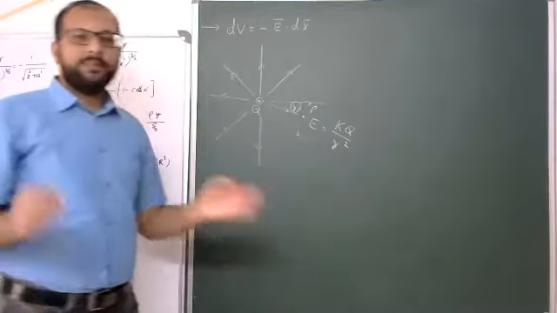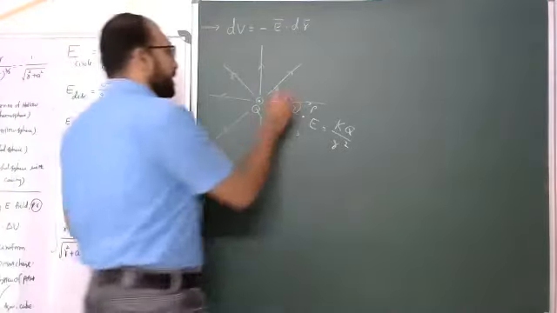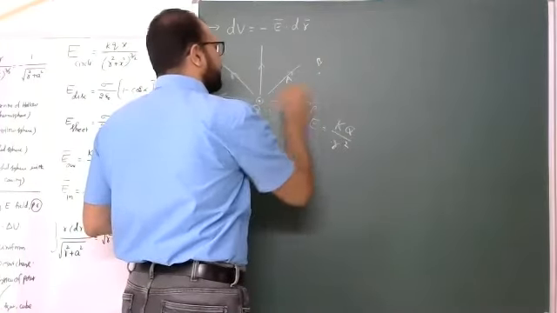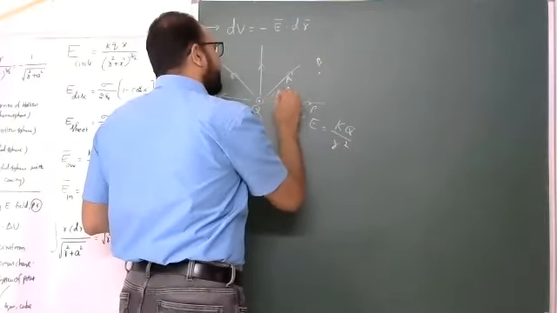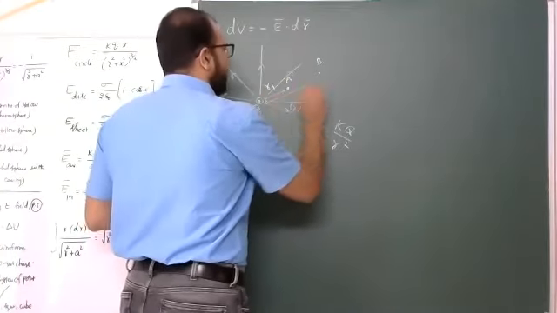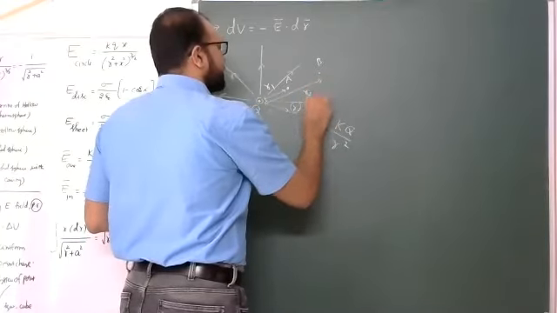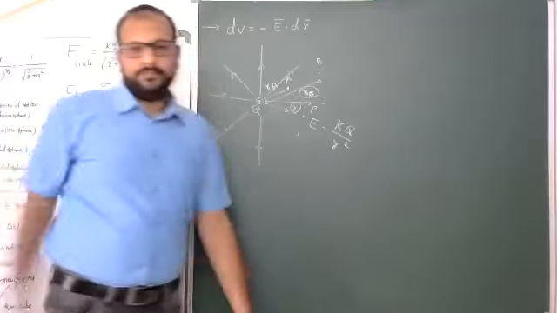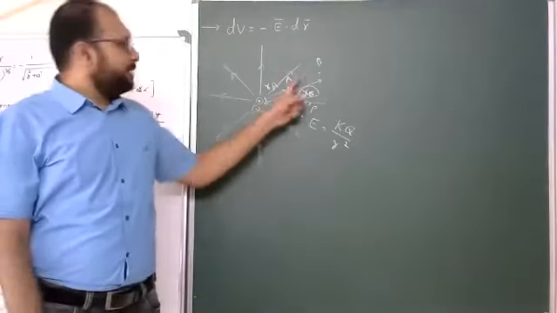Here, students, I am taking two points, point A and point B. Point A at distance R1, point B at distance R2, otherwise RA and RB.